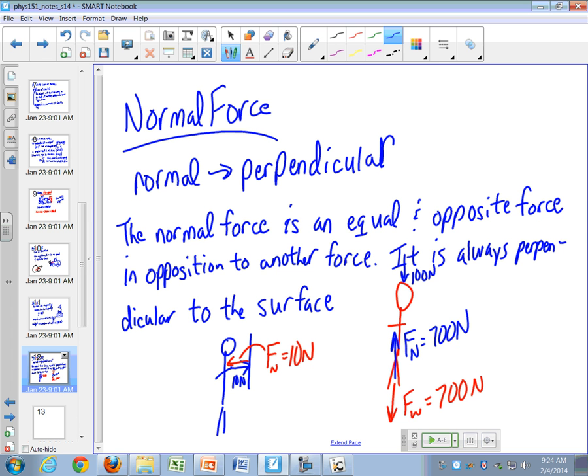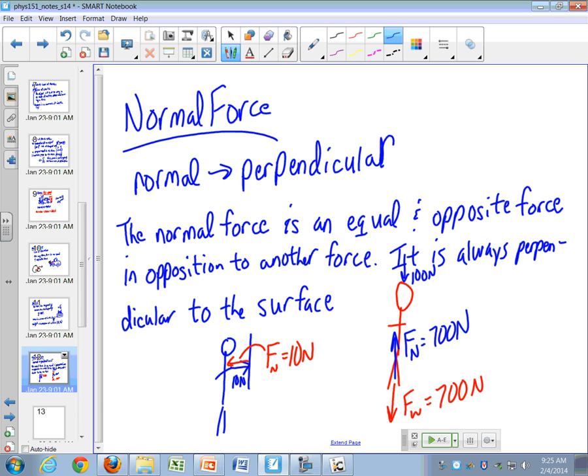So imagine here, I have this table. This is going to come up with friction, okay? So it'll be important. If I have this table and say this table weighs, I don't know, 30 newtons. All right, it weighs 30 newtons roughly. Not quite that much, 20 newtons maybe. If I push down on it with 5 newtons, or rather, excuse me, if I don't push on it, then the floor is pushing back up with 20 newtons. But if I push down on the table, I'm adding an additional force.